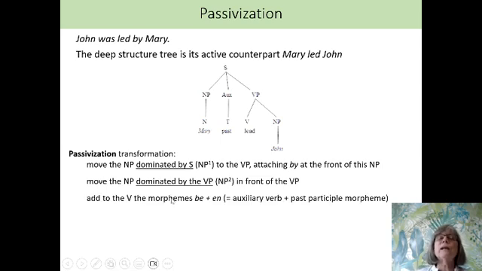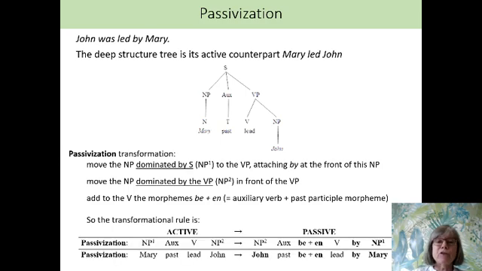And we also have to add to the verb phrase the morphemes be, the auxiliary verb, plus the past participle morpheme, which is represented in syntactic studies by en. You know, thinking about past participles such as written, spoken. Okay. So the transformational rule looks like this.